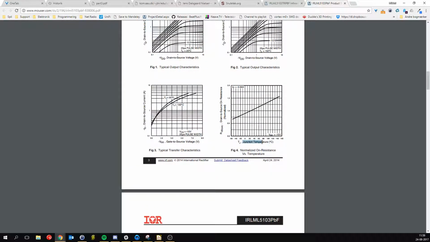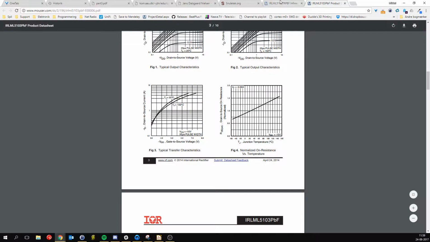Here we go: junction temperature, gate-to-source, drain-to-source on-resistance. So used in a normal setting, it's about 1 ohm. Wait, was that 1 milliohm? No, it's not. That is at 600 milliamp current drain, so that's good.